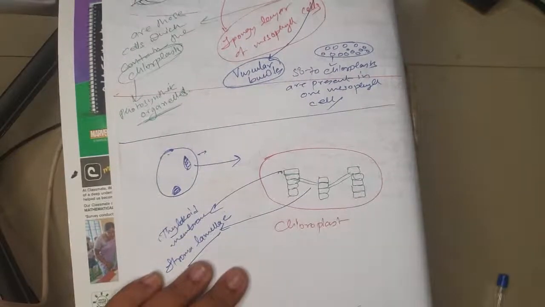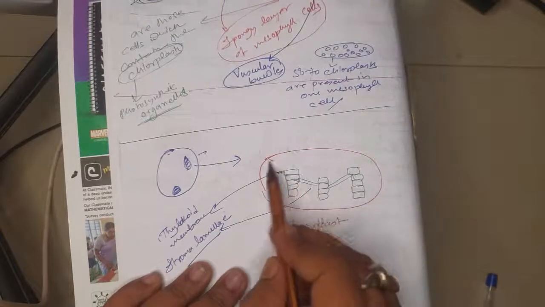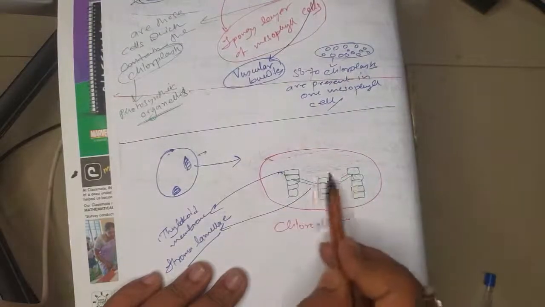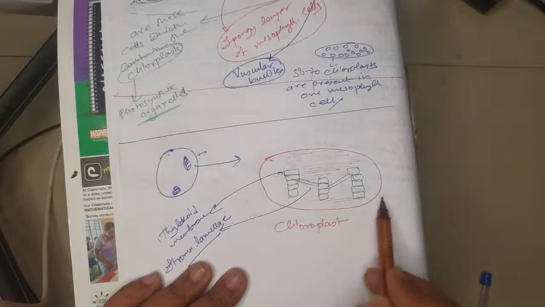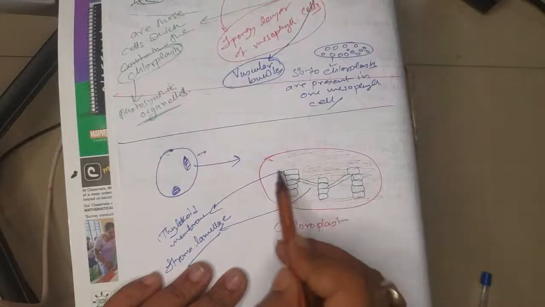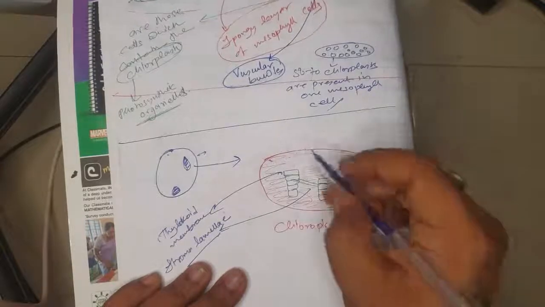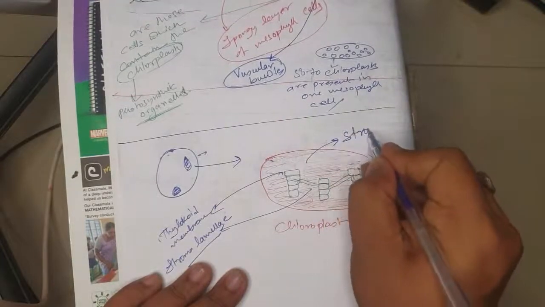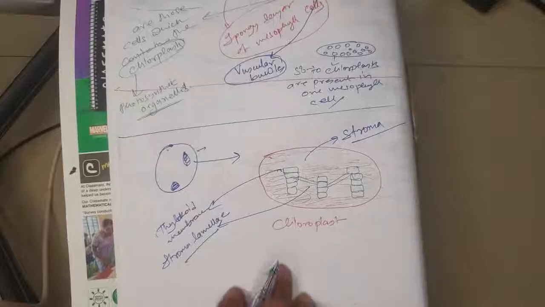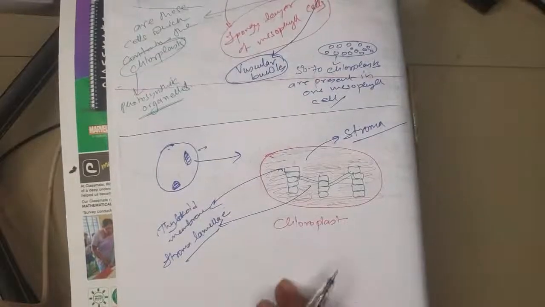Now the thylakoid membrane is embedded entirely in a jelly-like substance or environment, which is known as the stroma.